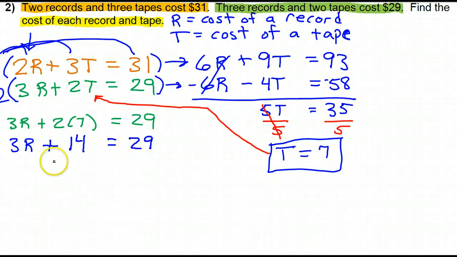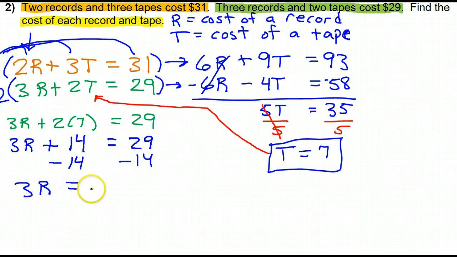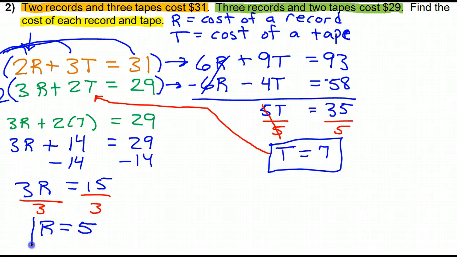Subtract 14 from both sides. So that's going to give me 3r is equal to 15. Divide both sides by 3. So I get r is equal to 5.